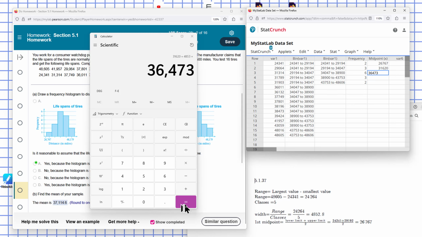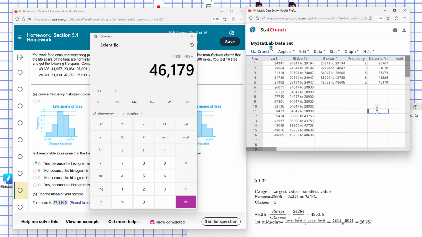Then I can do it again and end up with 41326. And then I can do it one last time, and I end up with 46179.